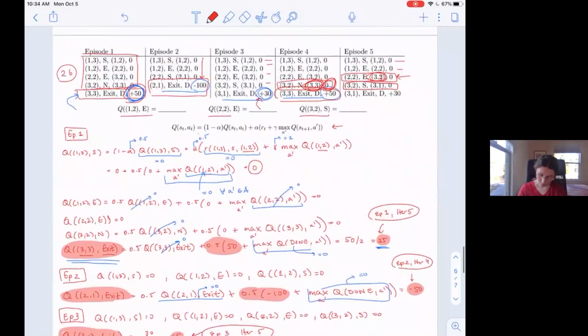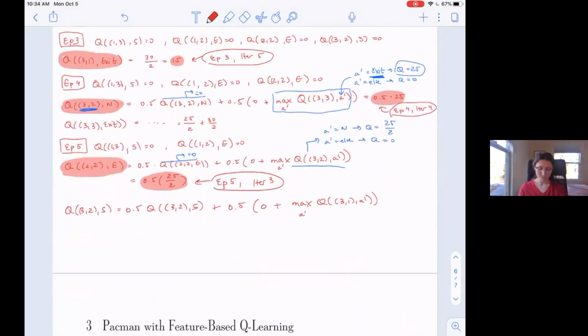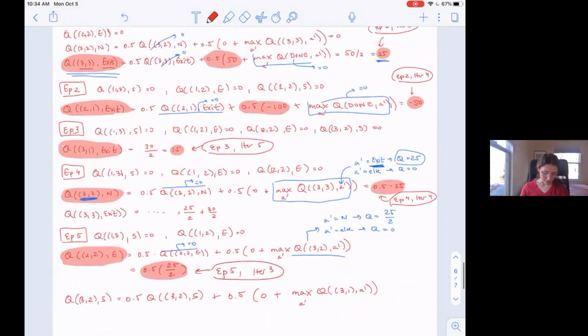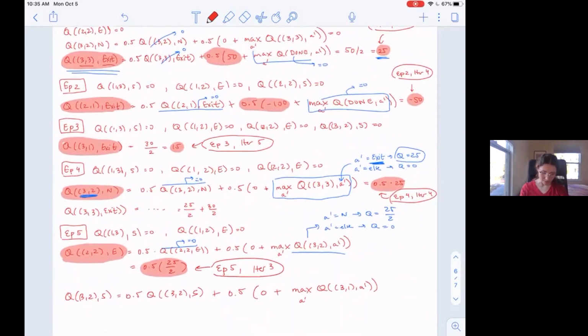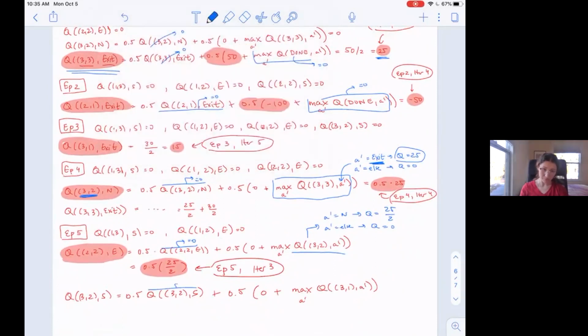What's the next state we get to? 3, 1 here. So the next state we get to is 3, 1, A prime. All right, so have we ever seen an interesting non-zero value for Q of 3, 2 south? No, not really. So this is just 0.